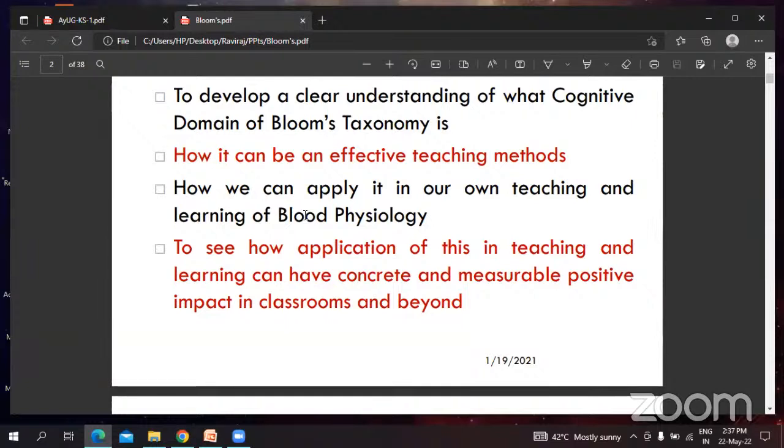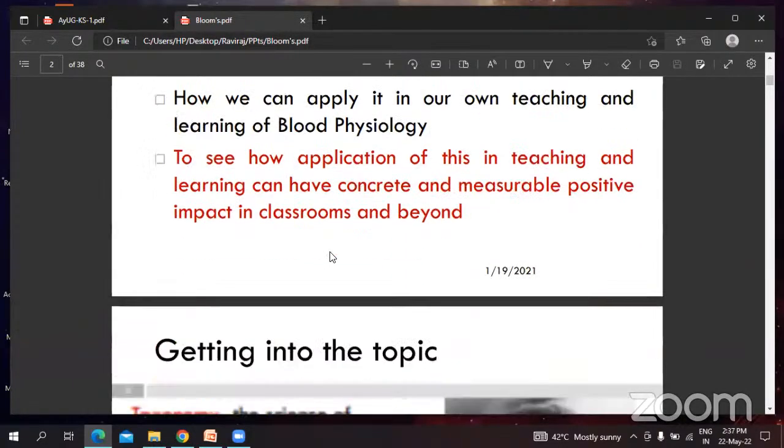Whatever teaching is done in the institute should make you capable of practicing the same in the field on a patient. Only then will we accept that the teaching was good and that you learned whatever has been taught to you in the school or classroom.